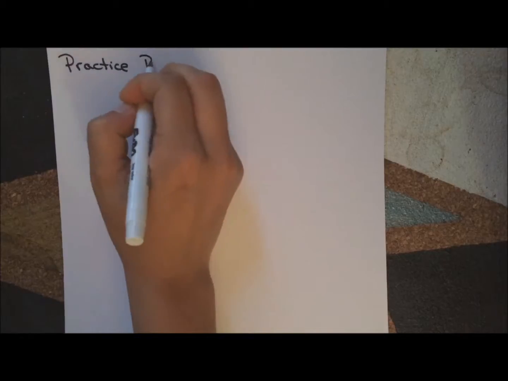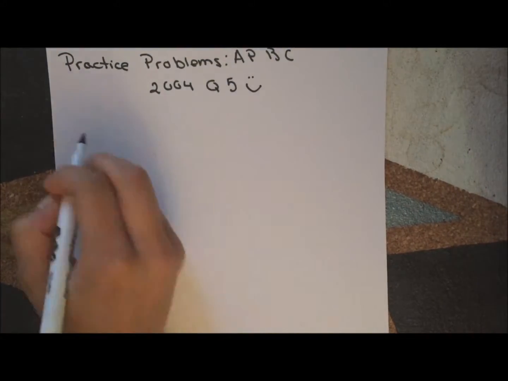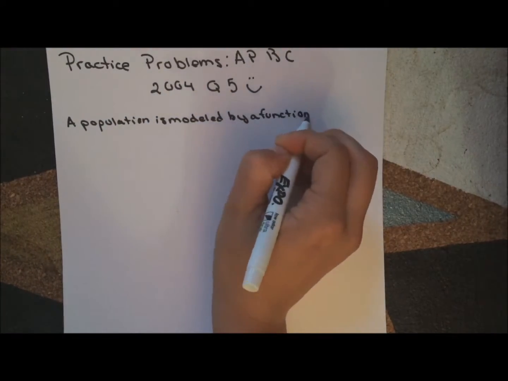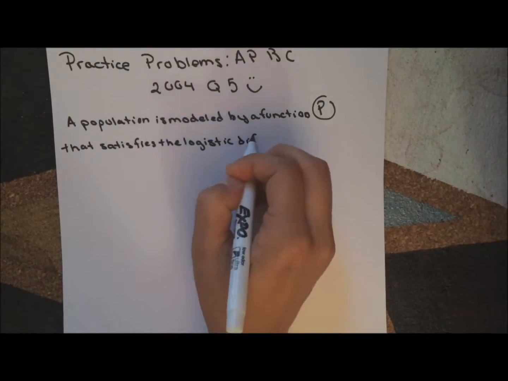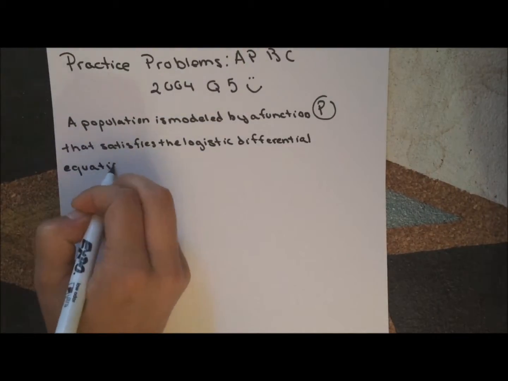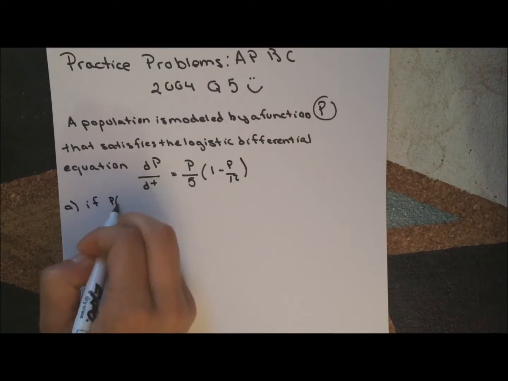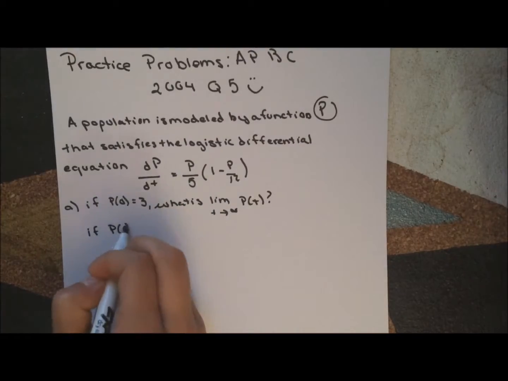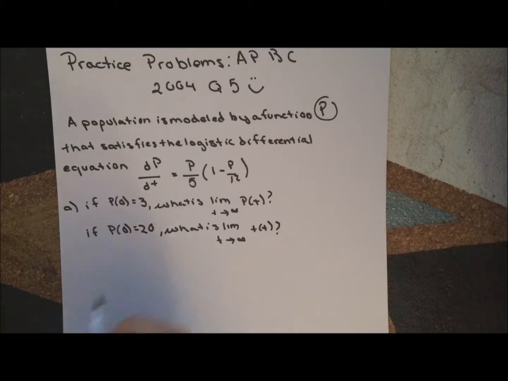Let's do a practice problem. This is from the AP Exam BC 2004 question 5. A population is modeled by a function P that satisfies the logistic differential equation dP/dt = P/5 (1 - P/12). If P(0) = 3, what is the limit as t approaches infinity of P(t)?